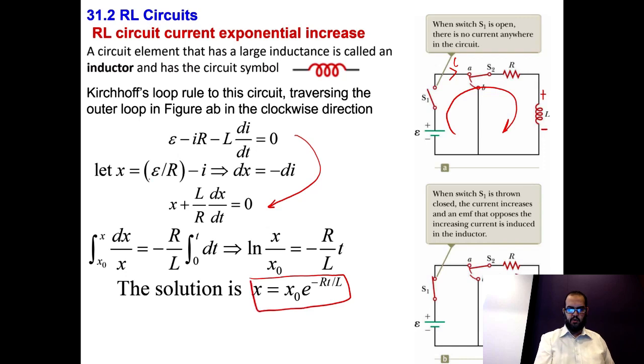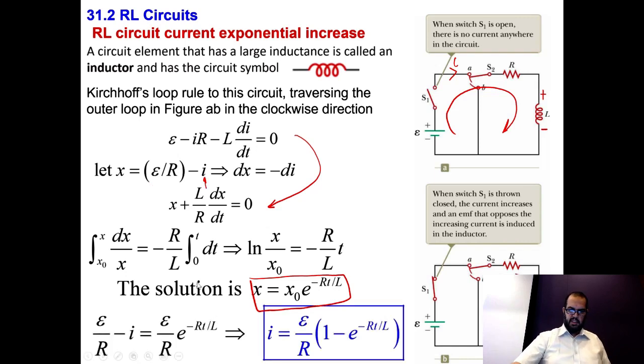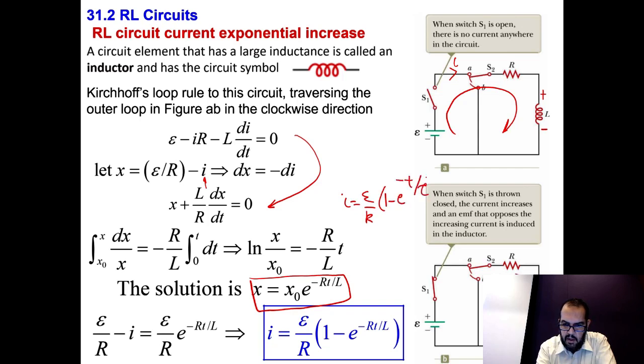And now we can determine the current from here. The current becomes equal to epsilon over R, the EMF divided by R, times 1 minus exponential of minus Rt over L. So we can write I is epsilon over R times 1 minus exponential of minus t over tau, where tau in this case is equal to L over R, the time constant.